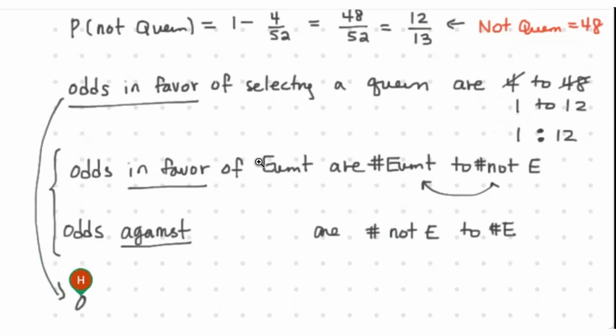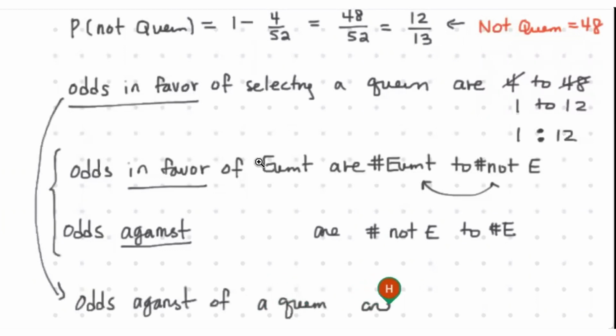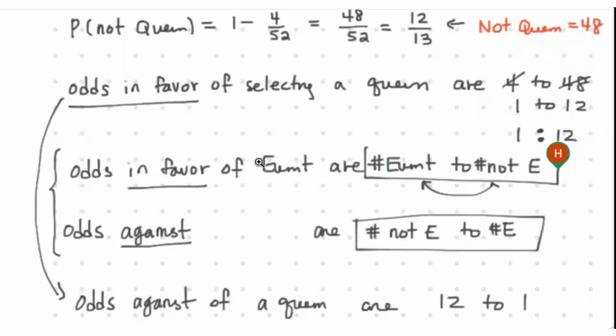If I say odds against selecting a queen are, just flip this, 12 to 1. Do you understand this? Event to not event, not event to event.